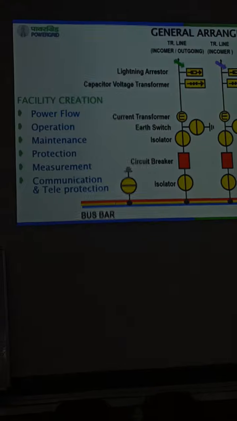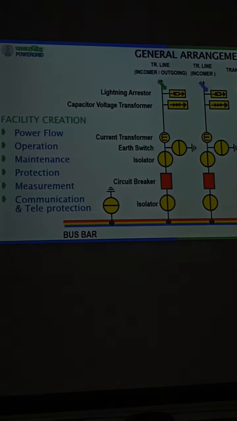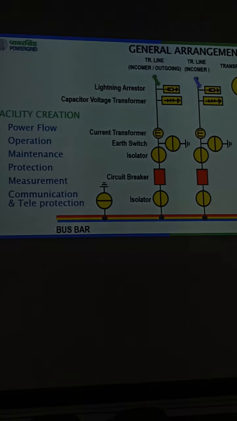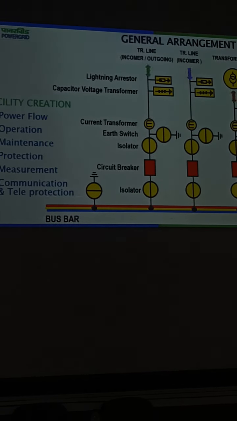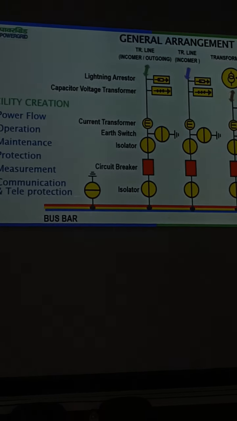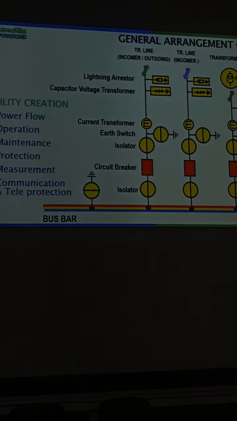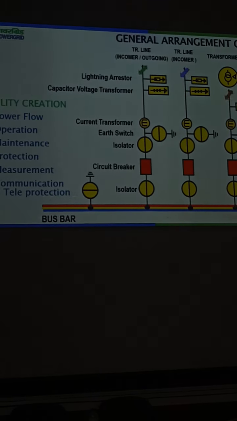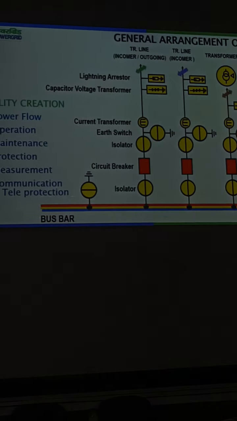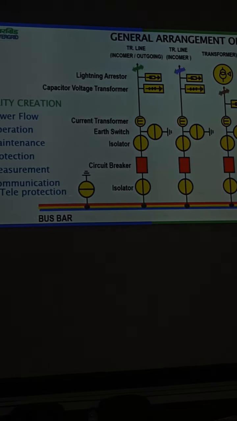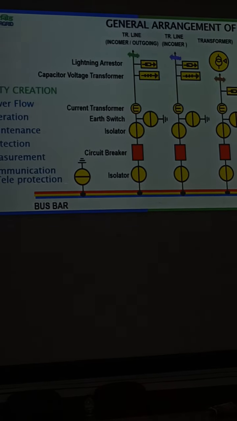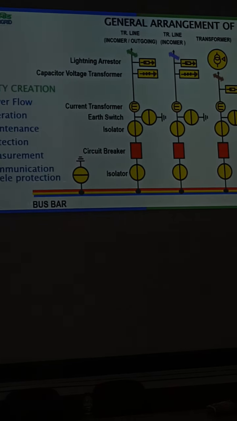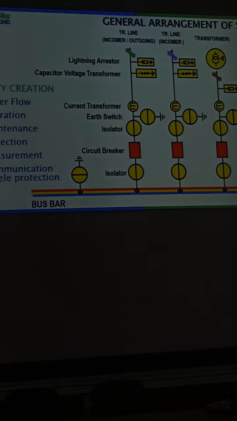So we have some dedicated communication between the stations, for which we generally use power line carrier communication, where you have studied modulation and demodulation of signals. What is modulation and demodulation? Carrier signals. They mix it with appropriate frequency, high frequency, for transmission.